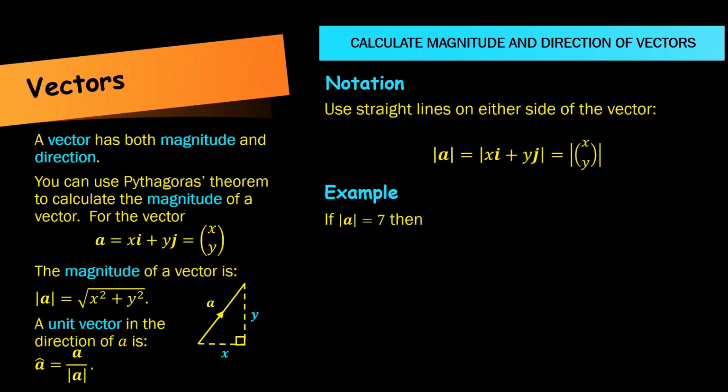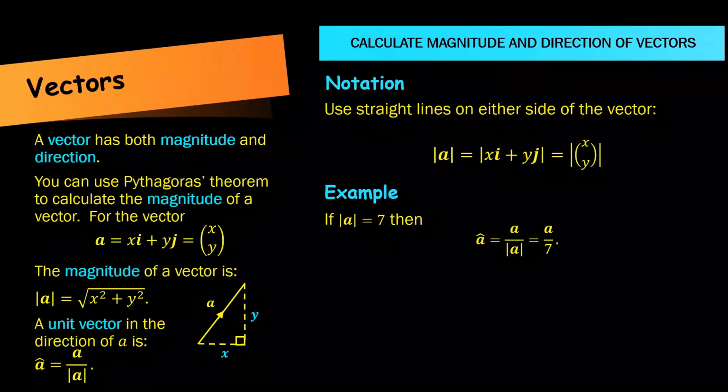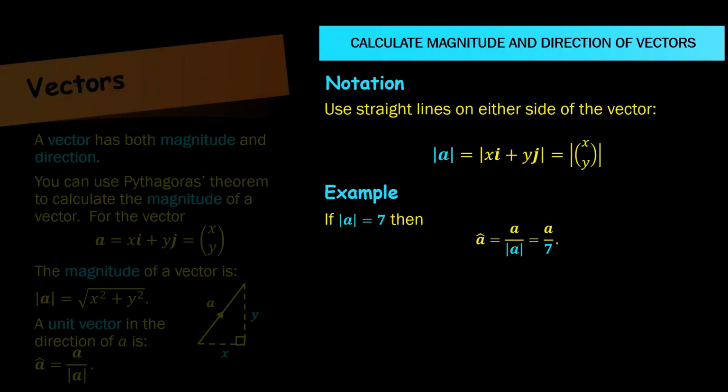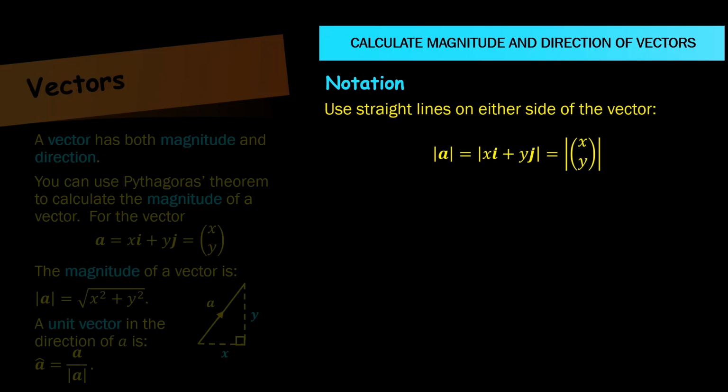If mod A equals 7, then A hat is equal to A over mod A, which equals A over 7. And it can be illustrated as shown. Now that we've reviewed the theory, we can take a look at the next exercise.